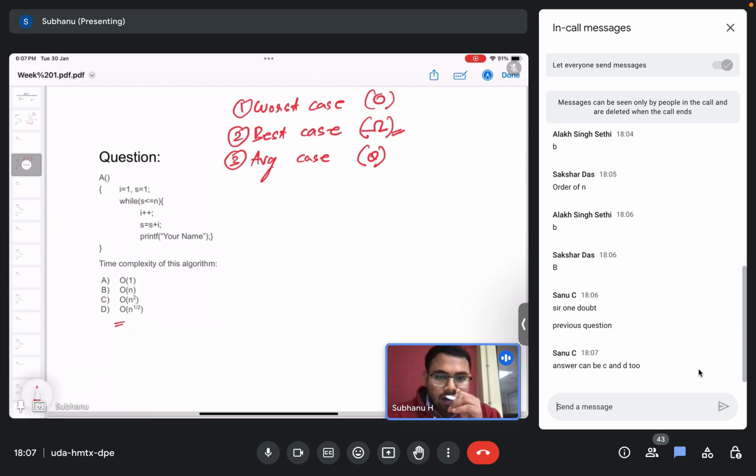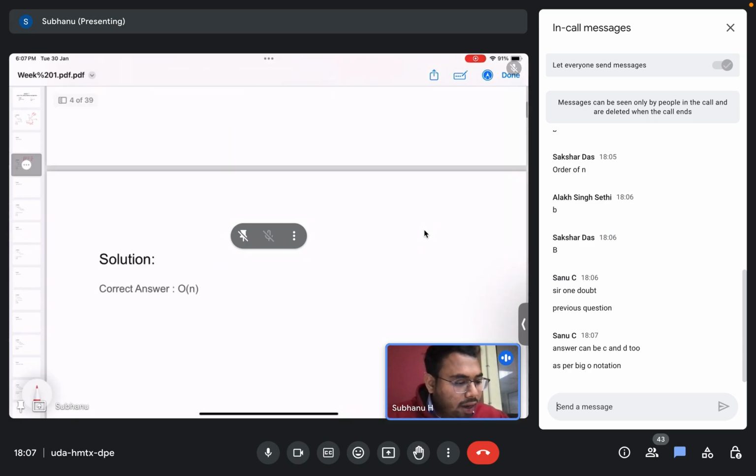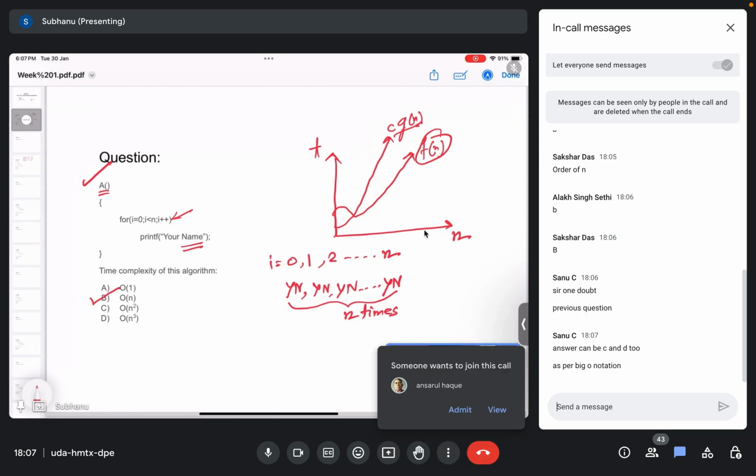Yes, the answer can be C in the previous question. Going back to the previous question, Sanu is saying that C and D can also be answers of the question.